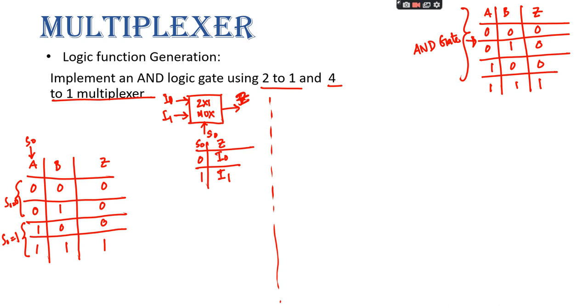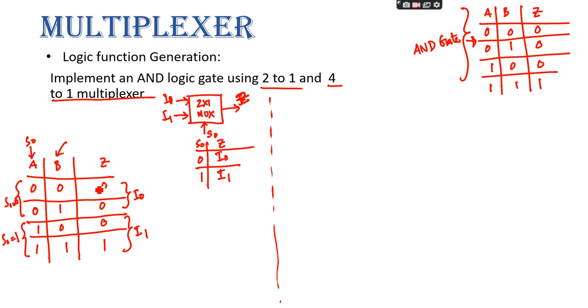So if we compare these two tables, these two elements give you I0, and these two give you I1, right? So we have two inputs, and between them we have already considered A as your control bit. So the only thing left is B.